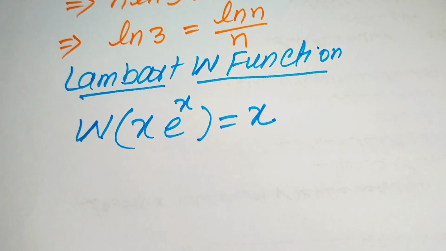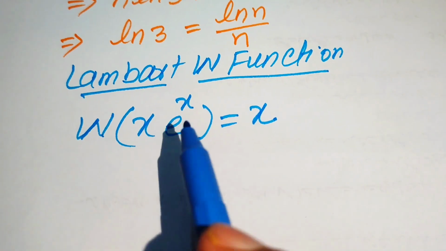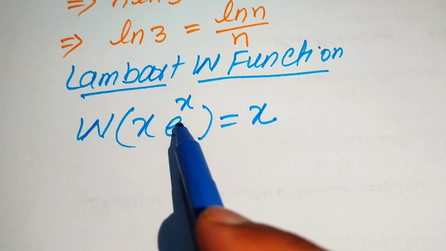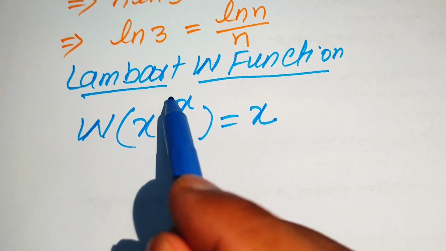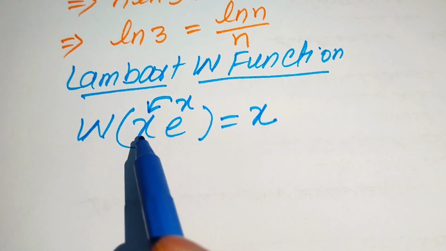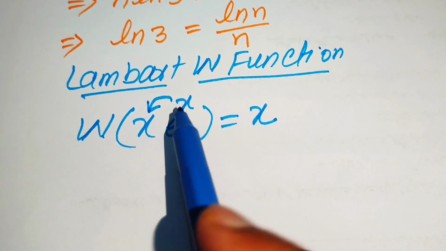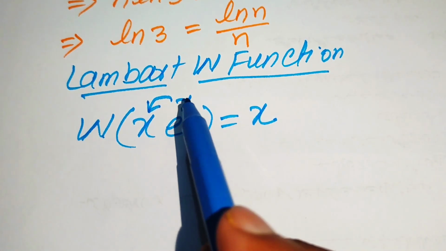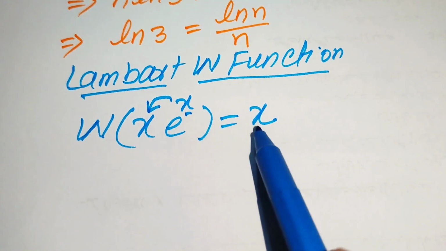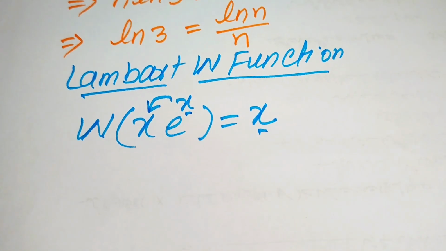This is called the standard form of the Lambert W function. It means that if you have some exponent of e and this exponent is multiplied by e to that exponent, the output of this Lambert W function is the exponent of e. So our exponent of e is x, and this is the output of the Lambert W function.